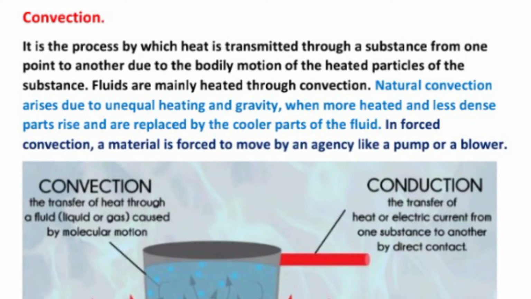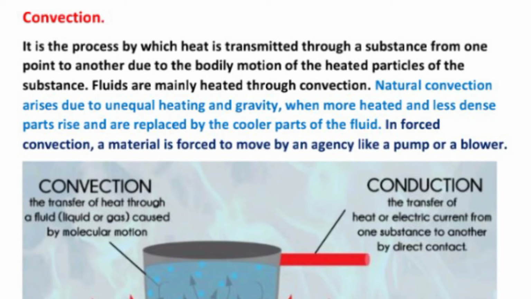Convection. What is convection? It is the process by which heat is transmitted through a substance from one point to another due to the bodily motion of the heated particles of the substance. Fluids are mainly heated through convection.